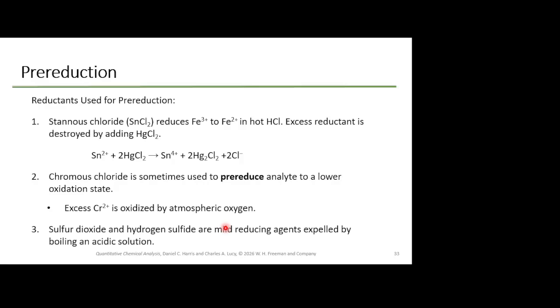So if you see anything mercury anymore, know that you're probably not going to be using it if you go to industry, and if you go into academia, you're definitely not using it. Now, stannous chloride, chromous chloride, sulfur dioxide, hydrogen sulfide. These are mild ones, and you can expel them by boiling in acidic solution. So they're very commonly used, actually.